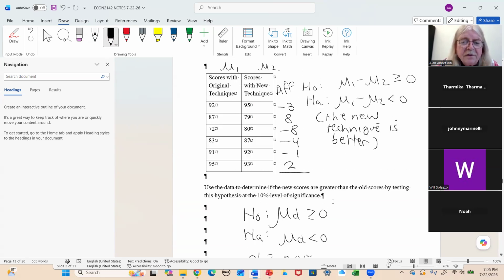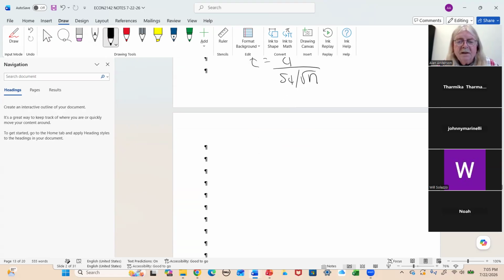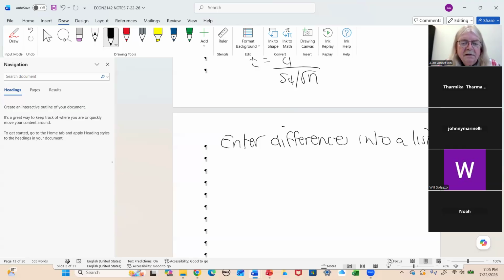So what you need to do is enter those differences into the list. So you go to Stat, enter, and clear out one of the lists or use a different one. It doesn't really matter.